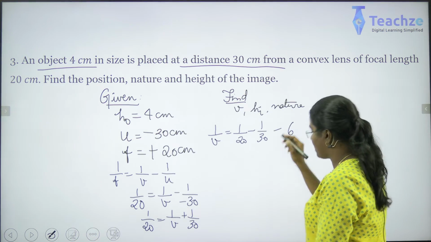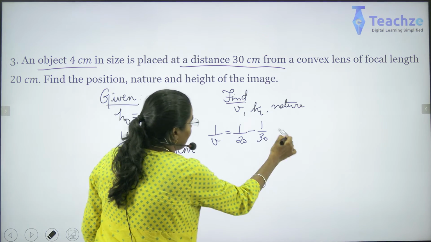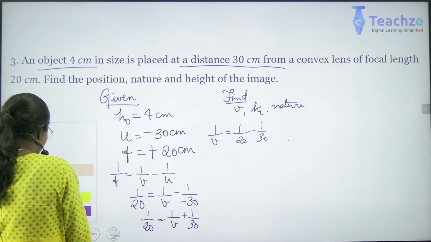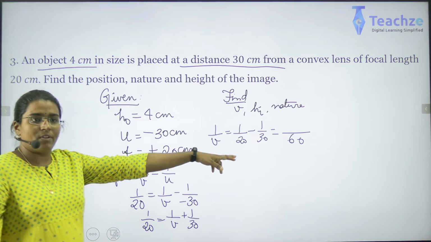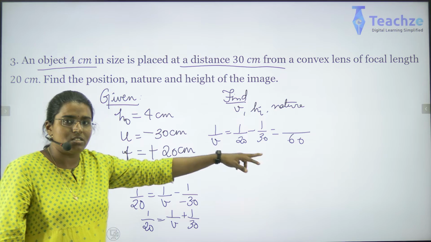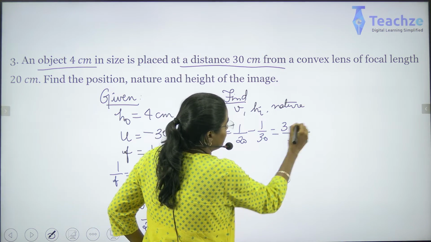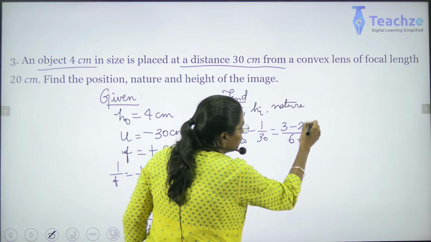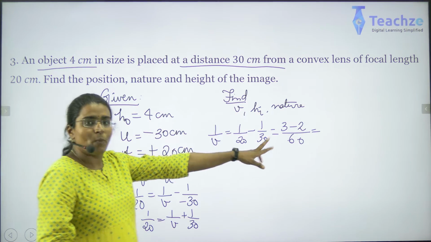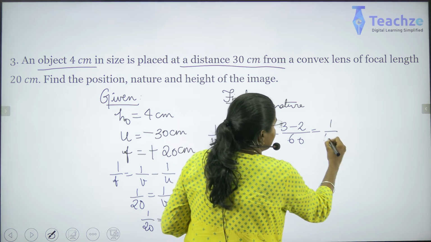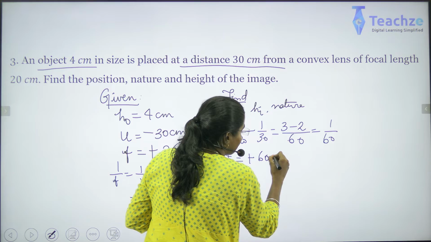So we have to take the LCM for the fractions and multiply. 3 20s are 60 and 2 30s are 60. So this will be 1 by 60. So what will be my V? V is equal to plus 60 centimeter.